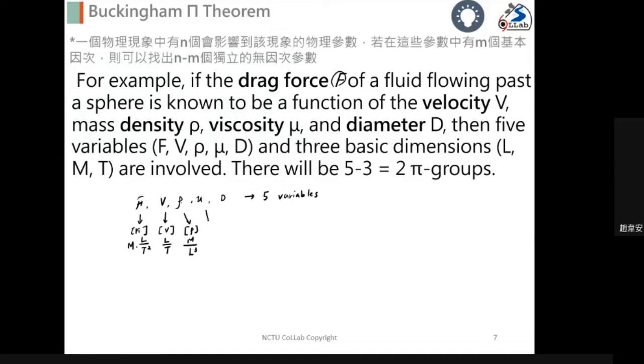And the viscosity dimension. If we remember, the viscosity can be computed from tau, the shear stress, equal to the viscosity times the velocity gradient.